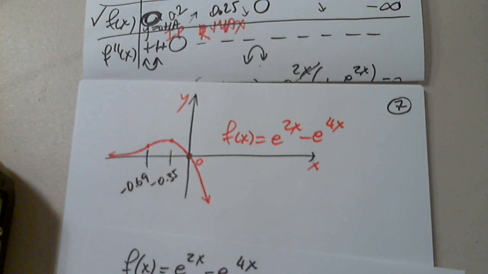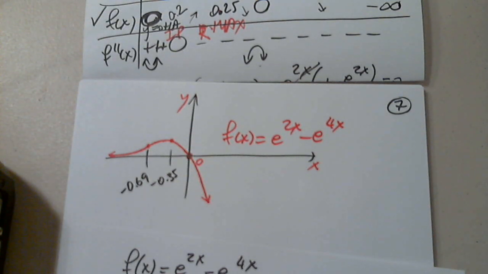Now we are ready to graph. Just to double check our calculations, I will de-highlight, I don't want to graph the first derivative. I don't want to graph the second derivative. I only want to graph the function. And I know exactly where the function is.